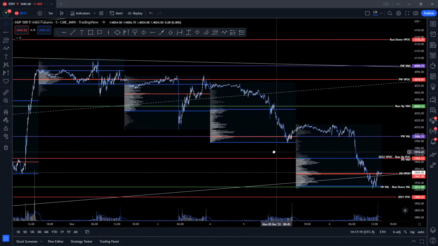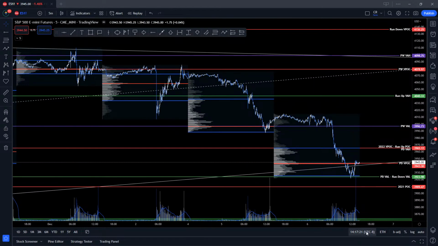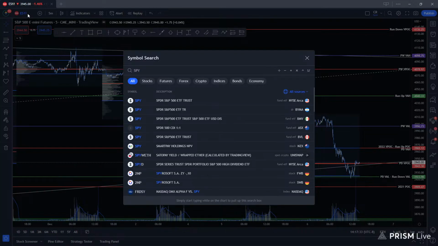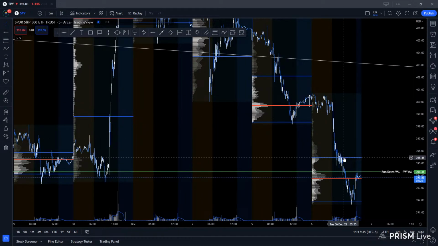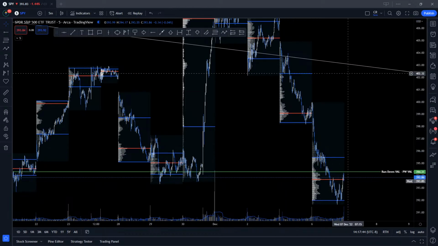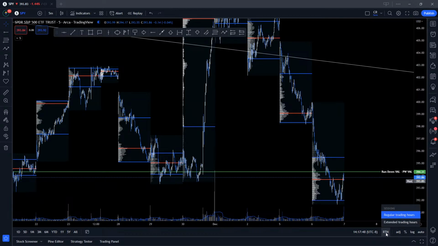So with that said, on volume profile, when you're charting futures, ES, NQ, whatever, you use extended trading hours because the market's open 24 hours a day. If you're going to be charting something like SPY for your volume profile, you're going to want to turn off extended trading hours and only chart your levels based off of regular trading hours.